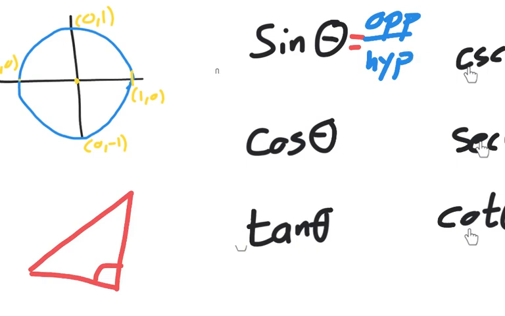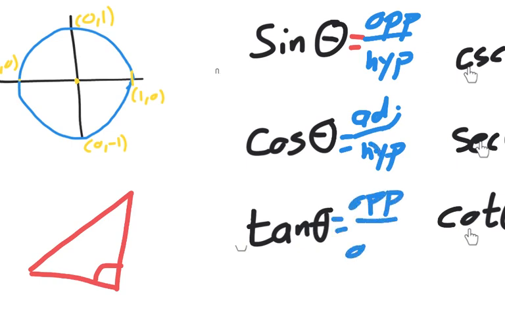Everybody seen that, heard that? Cosine? Adjacent over hypotenuse. And tangent? Opposite over adjacent. You're going to have those 3 things memorized. You're going to have to know sine is opposite over hypotenuse, cosine is adjacent over hypotenuse, tangent is opposite over adjacent. It's non-negotiable.